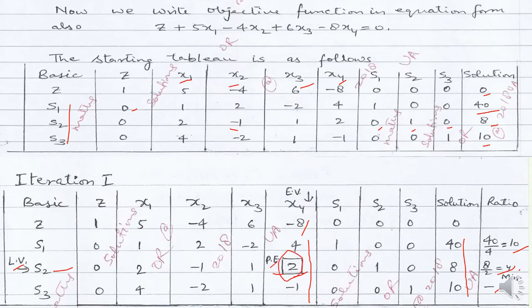So what will we do? We will divide this pivot row by this element 2, and we get the new S2 row, which will be the X4 row in the next table, and with the help of this new row we will change our Z, S1 and S3 rows by using the following formula.